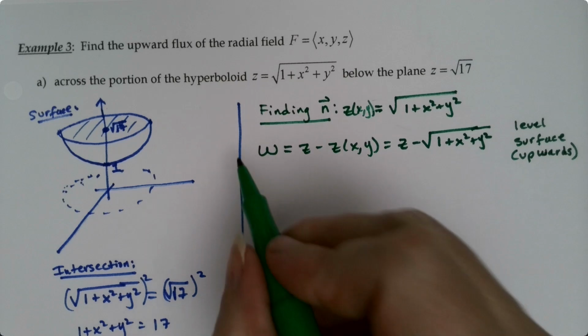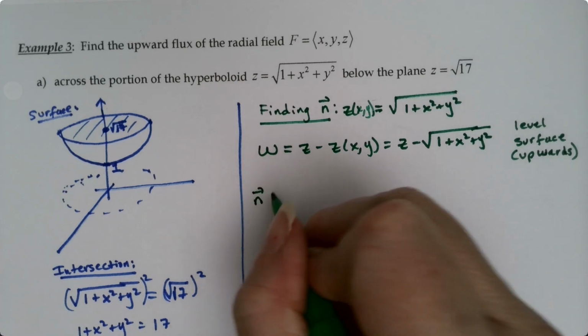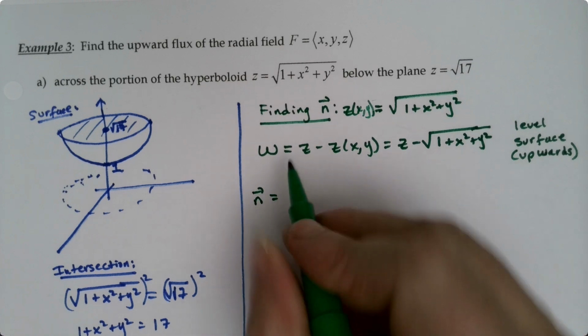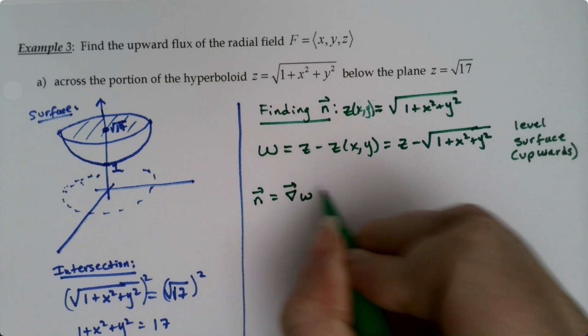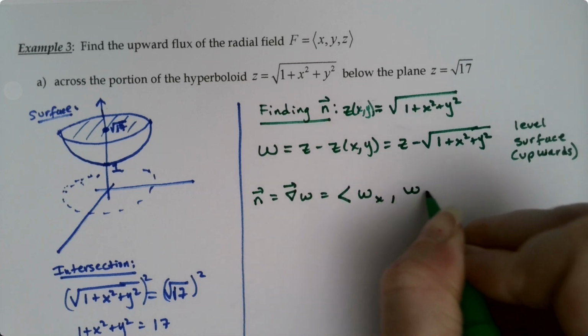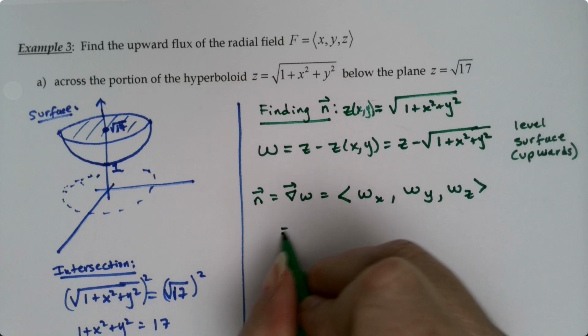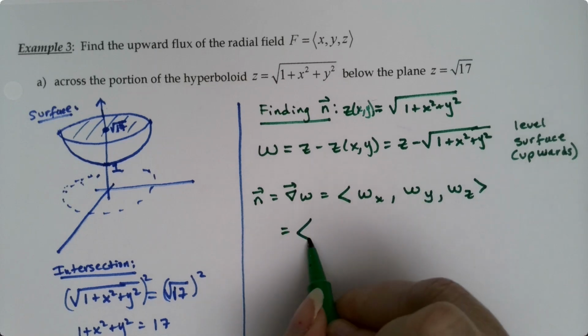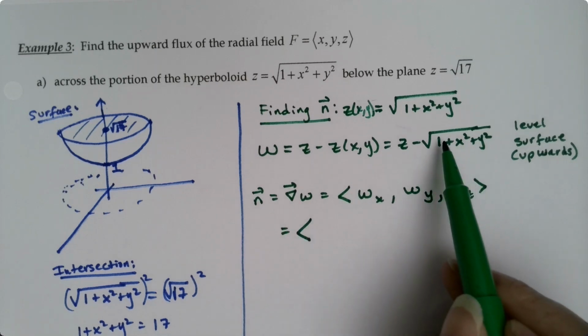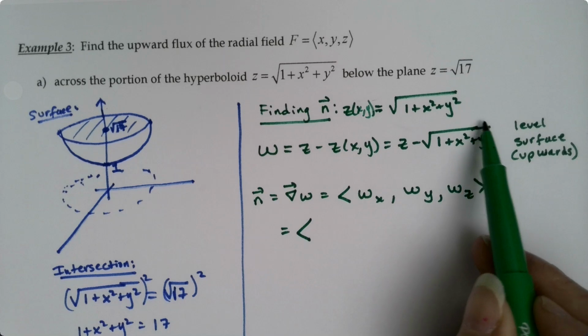All right, so the normal vector would be equal to the gradient of w, which is, if you remember gradients, w sub x, w sub y, w sub z. All right, so the derivative with respect to x, remember that this is to the 1/2 power right here. So you bring the 1/2 down.